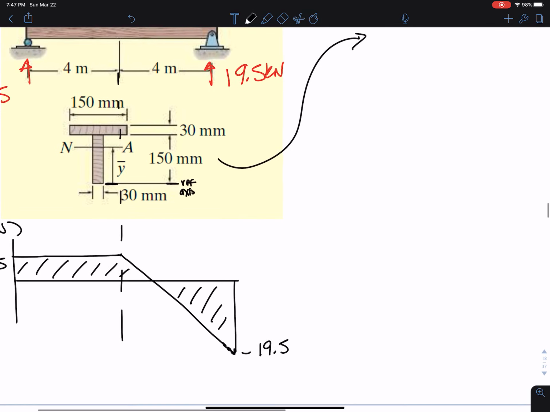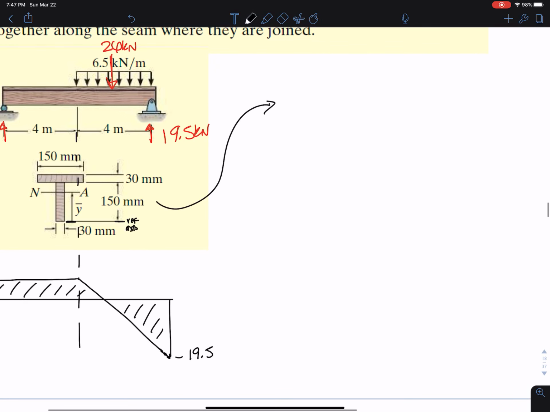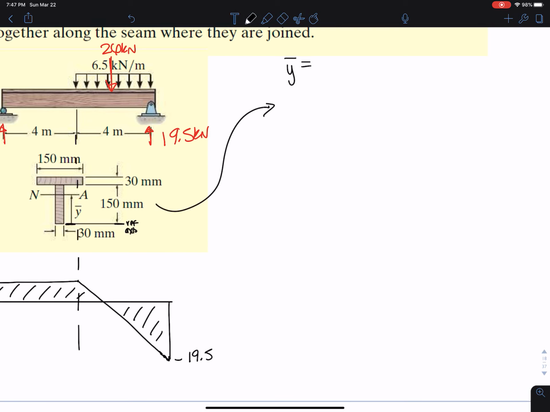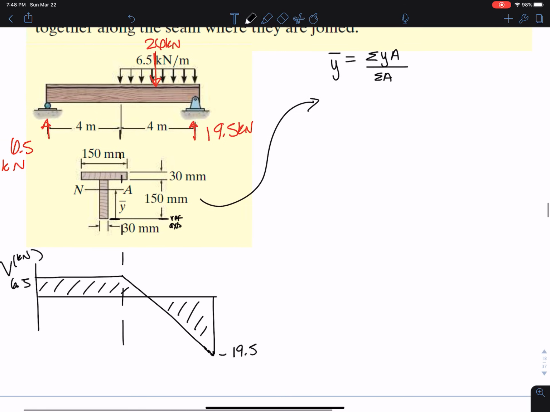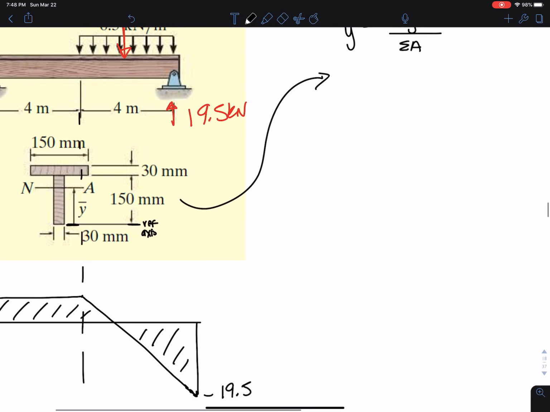We need to figure out where the neutral axis is because this is not a symmetric shape. To find it, Y bar, the location of the neutral axis, is equal to the sum of all the Y's times the areas, divided by the areas. Let's just follow this picture.